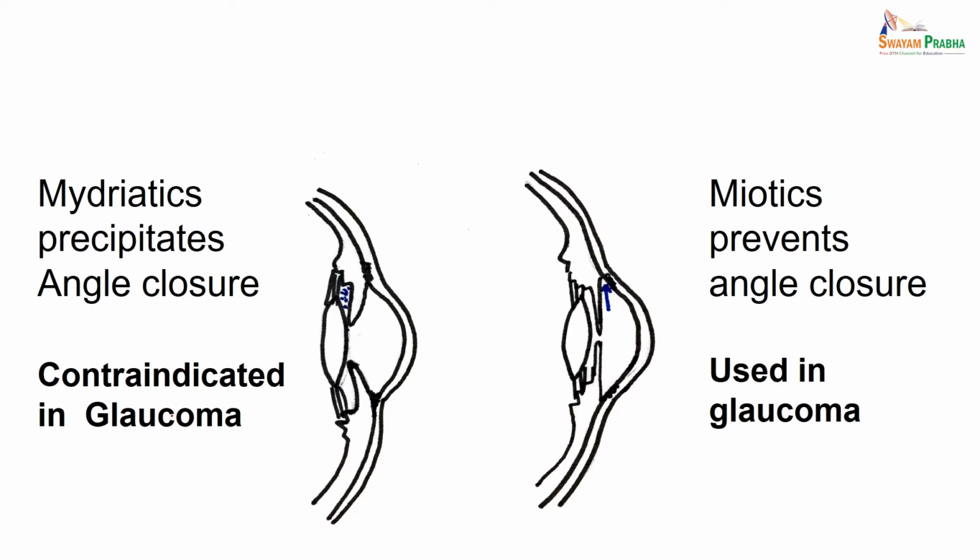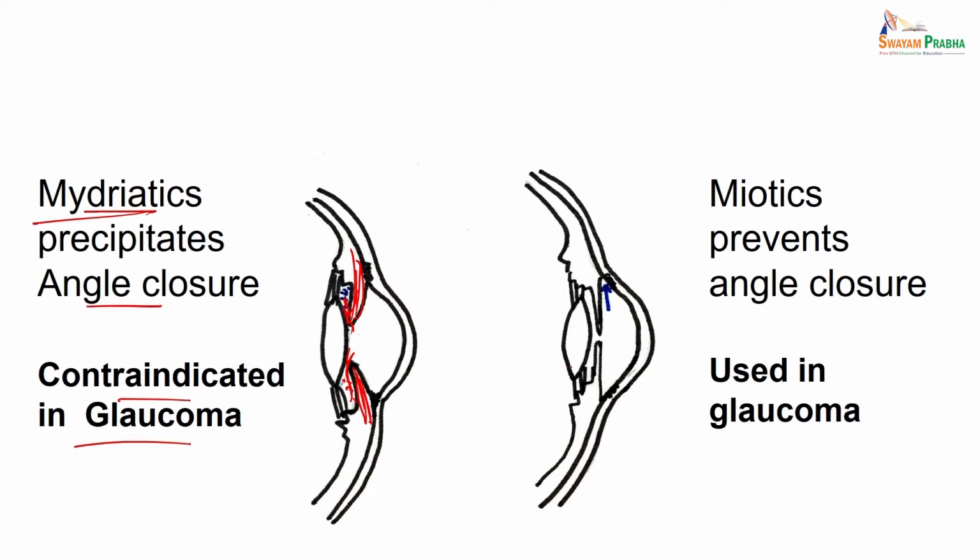in the treatment. Mydriatic agents precipitate closed angle glaucoma, because when there is mydriasis, the iris gets relaxed, and when this gets relaxed it crumbles and closes the angle, and there is increased pressure here, and this increase in pressure will precipitate glaucoma. Therefore, mydriatics are contraindicated in patients of glaucoma.